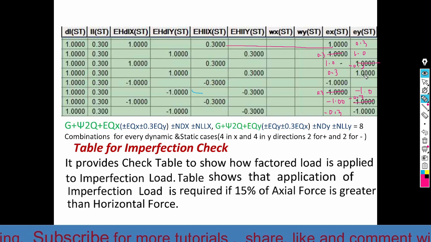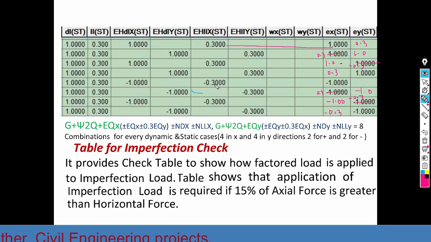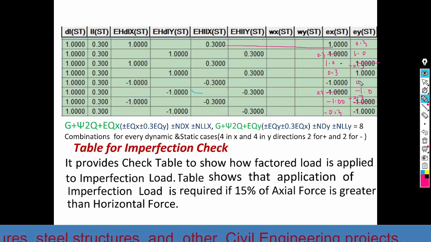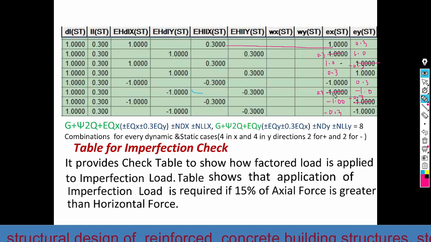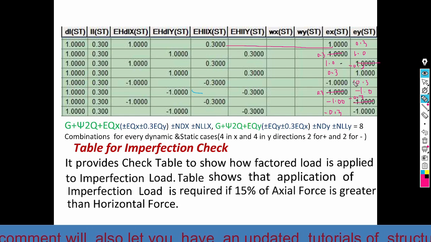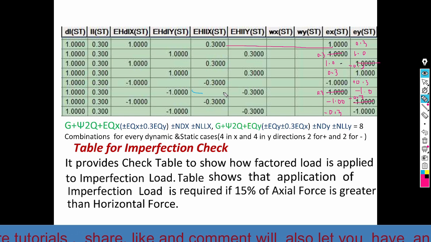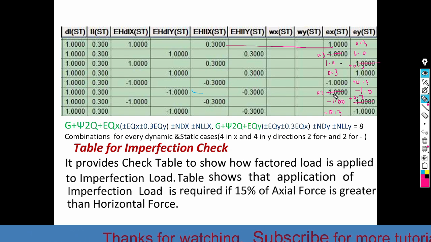So this is y, and when we come to here, minus x, that is 0.3, and when we come to here, minus 1, that is minus 0.3 plus 0.3 here, and when we come to the y direction, that is minus 0.3, here this is y direction, and this is minus 1, it's okay.